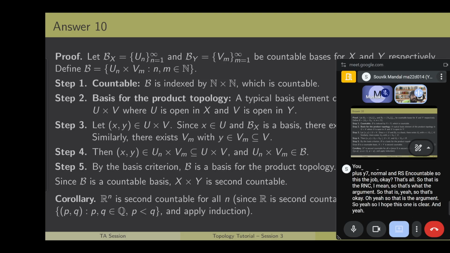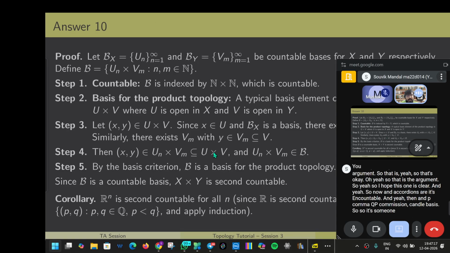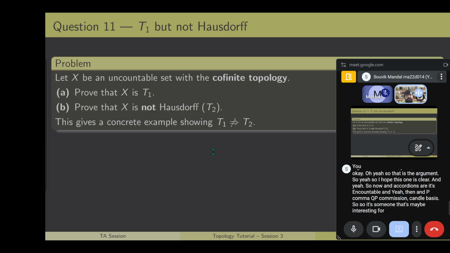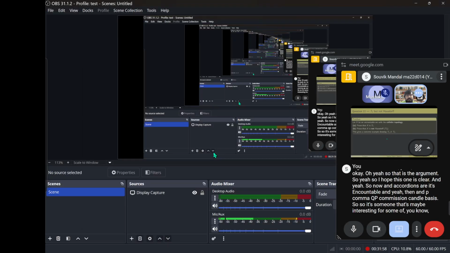And the corollaries are countable, and (p, q) with rational endpoints is a countable basis. It's one of the corollaries that may be interesting for some of you. Check it yourselves.